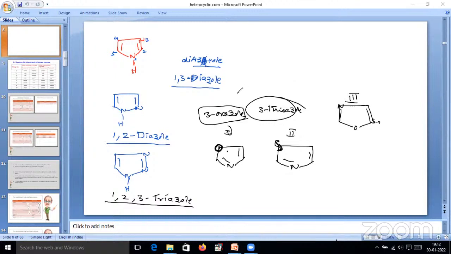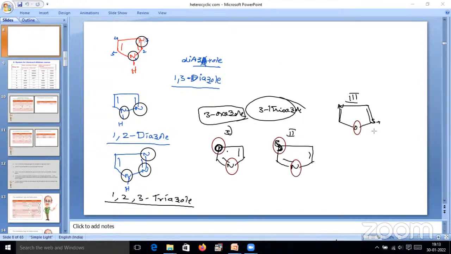So here what we have to do, beta, is this: in a heterocyclic system with more than one heteroatom, here 2 heteroatoms are there, here also 2 heteroatoms are there, but the position is different. Here 3 heteroatoms. So these are similar heteroatoms. Now we discuss different heteroatoms.